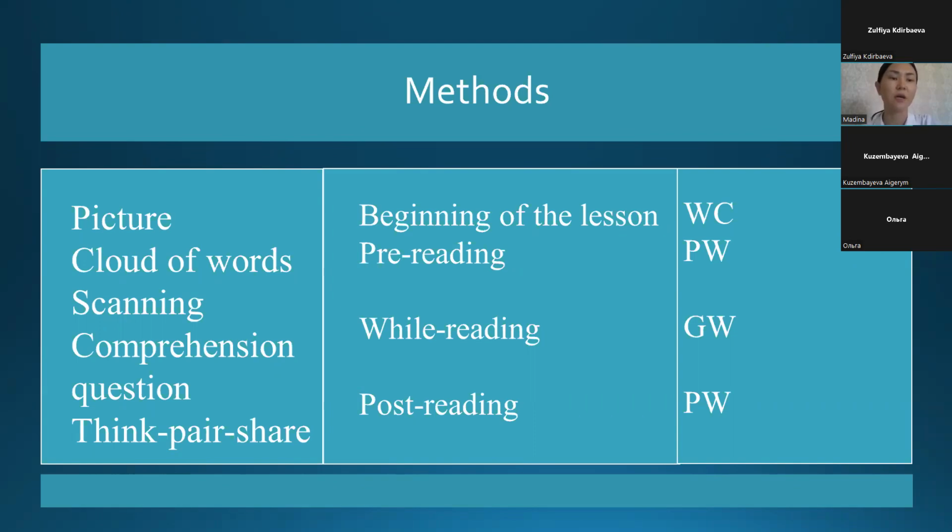Learners determine more specific information and answer the comprehension questions in groups, which I note as a method in my slide. The final method is think, pair, share. Learners discuss and compare in pairs, then share their opinion with the whole class. Next slide, please.